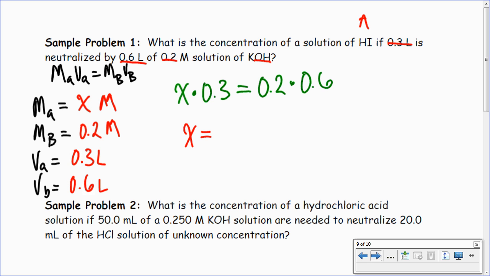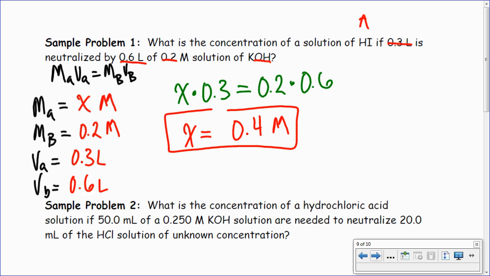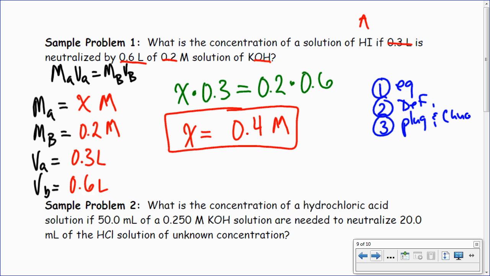Calculating your answer, so let's see, 0.2 times 0.6 divided by 0.3, 0.4. 0.4 molar. And that would be our answer. So, 3 steps. 1, equation. 2, define the variables. 3, plug and chug. Okay, plug in and chug in.